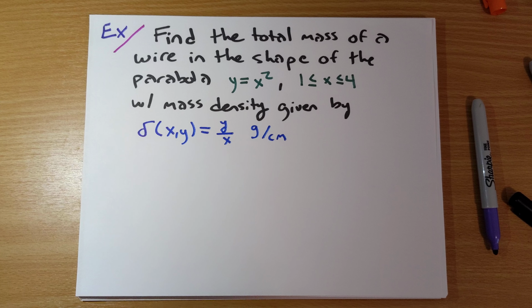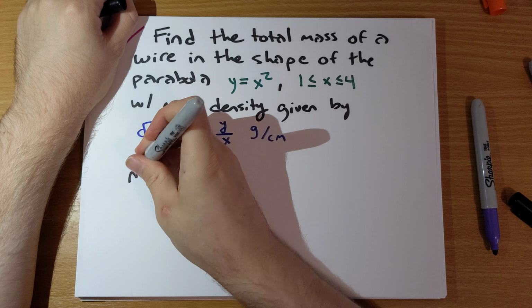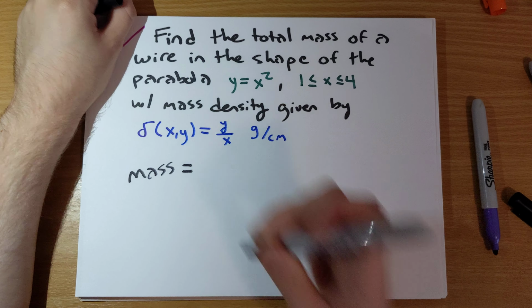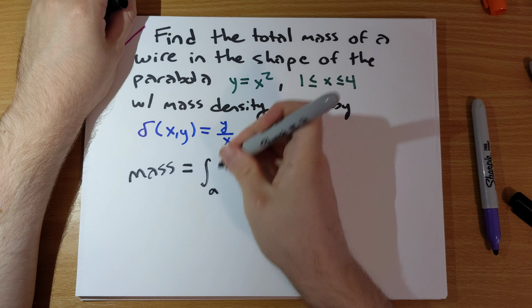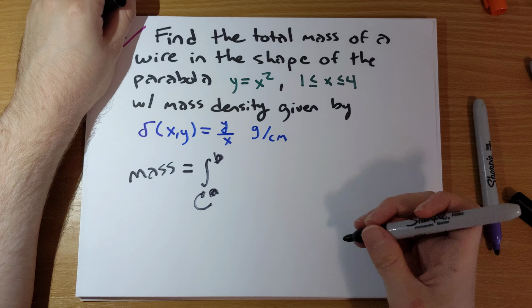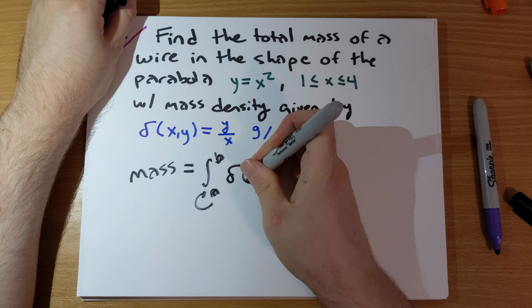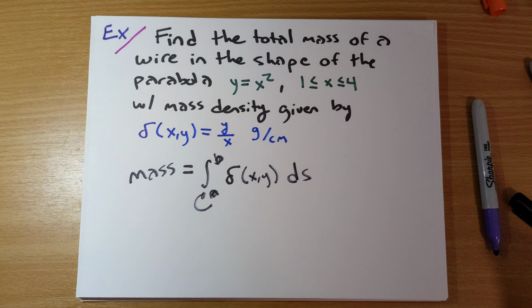And so the formula that we end up caring about here is that the mass of our wire is equal to the integral over C of delta of x, y ds, and we would go through the exact same process in this problem as we do in any of the other scalar line integral problems.